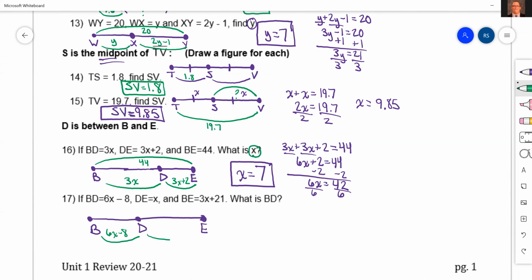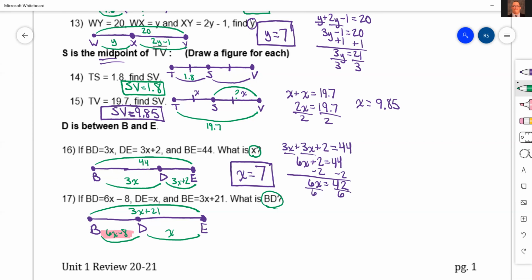DE is x. And then B to E is 3x plus 21. They ask us to find BD. So in the end, when we get our x, we've got to plug back in to BD. I'm highlighting that so we remember.